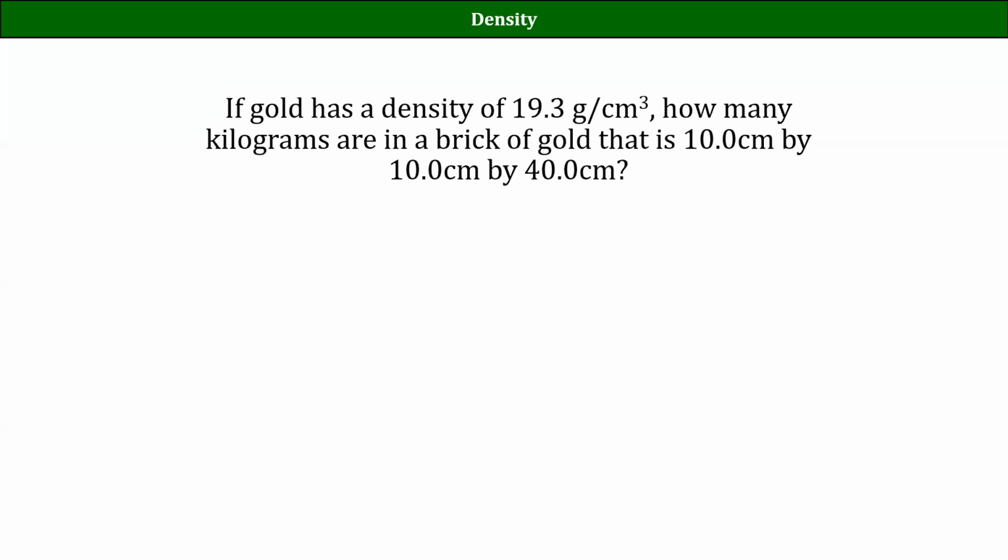For 1 cubic centimeter, 19.3 grams. And for every 1,000 grams is 1 kilogram. What do we get in terms of kilograms? Something just under 80.